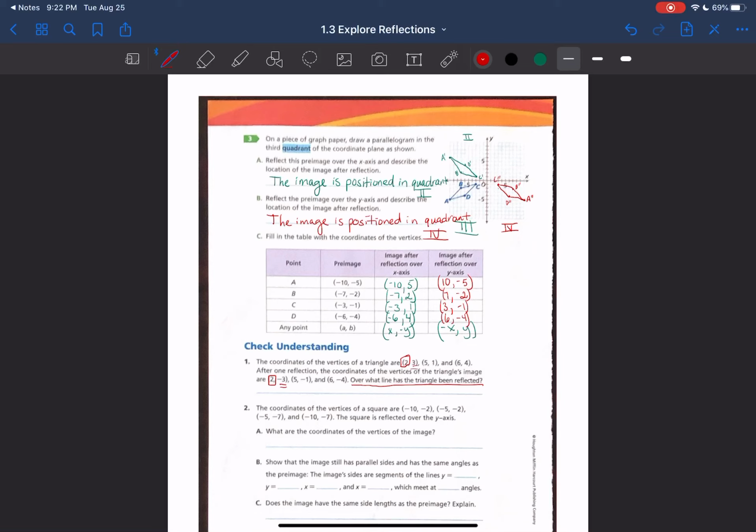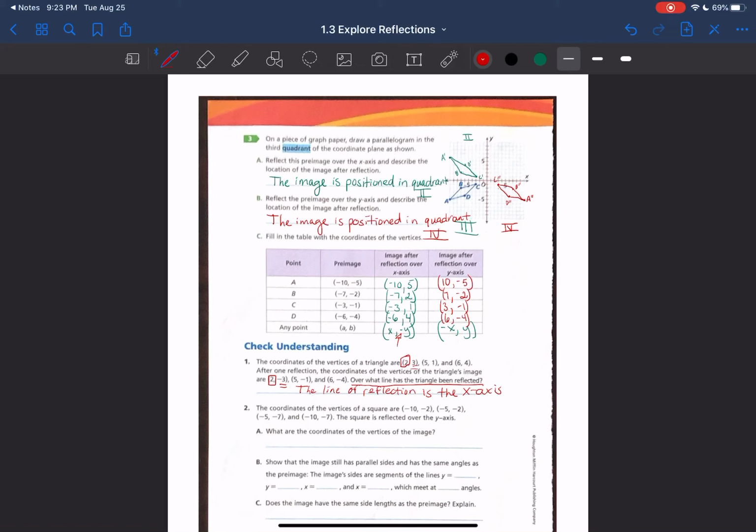So which one does that follow? If I look here, it appears that it is following the x-axis. So our line of reflection is the x-axis because it's the y values that are changing.